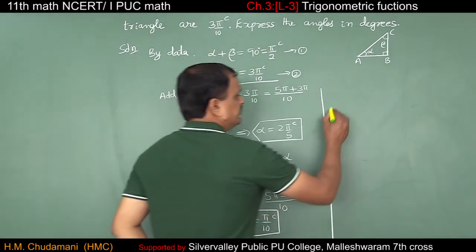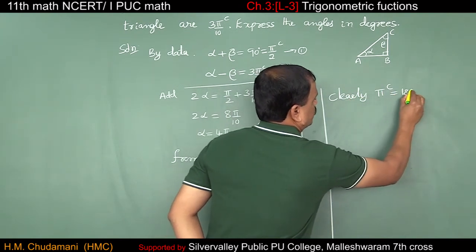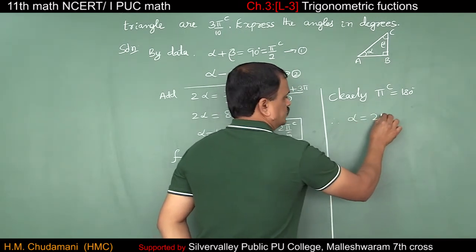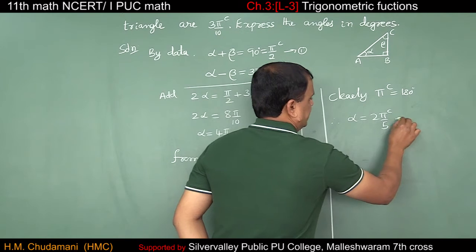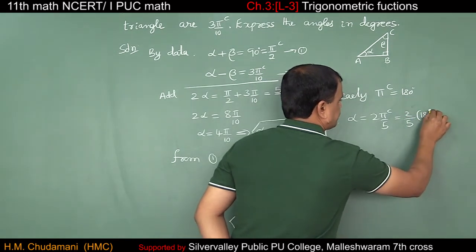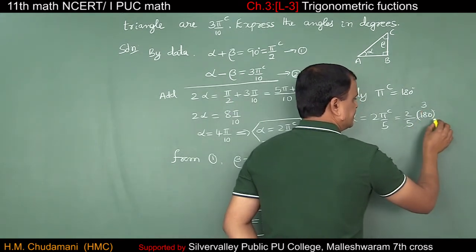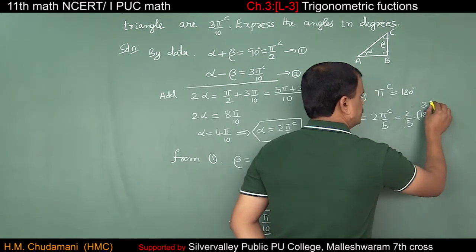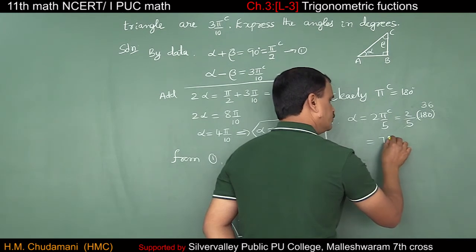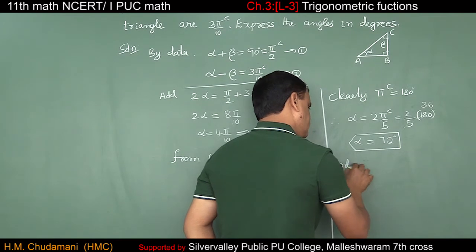They want angles in degrees. Clearly pi radian is equal to 180 degrees. Therefore alpha is equal to 2 pi by 5 radian, that is 2 by 5 into 180 degrees, which is 72 degrees.